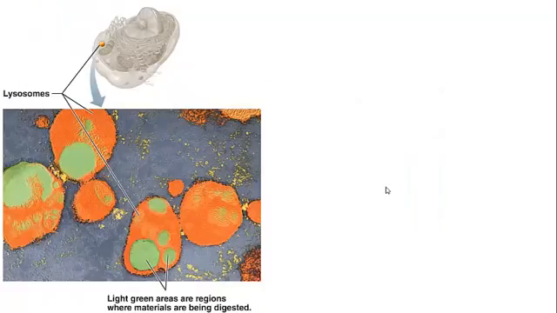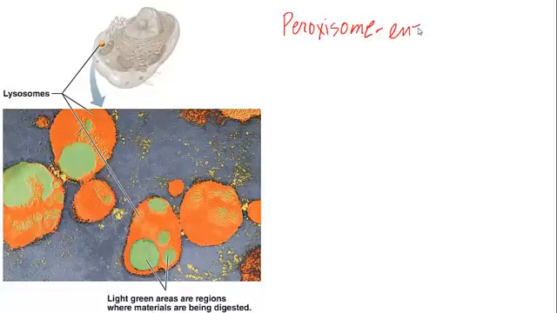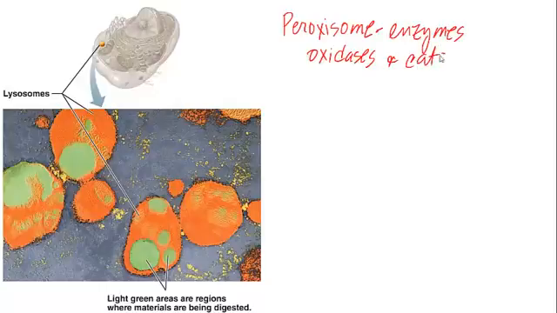The next slide is showing the lysosome, but before we talk about a lysosome, we're going to talk about another organelle, which is called a peroxisome. It kind of sounds like peroxide, and that will help you remember what its function is, because it has a lot of powerful enzymes present within this organelle, and two of these important enzymes are called oxidases and catalases.